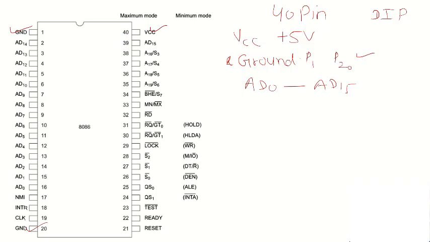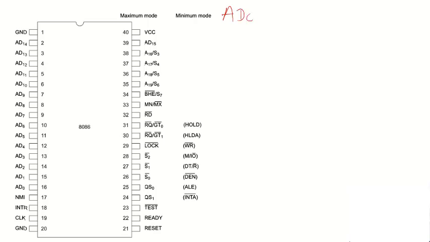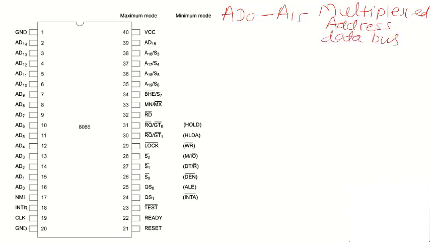This is called the multiplexed address data bus. So AD0 to AD15 is the multiplexed address data bus. Basically the address bus is multiplexed with the data bus.